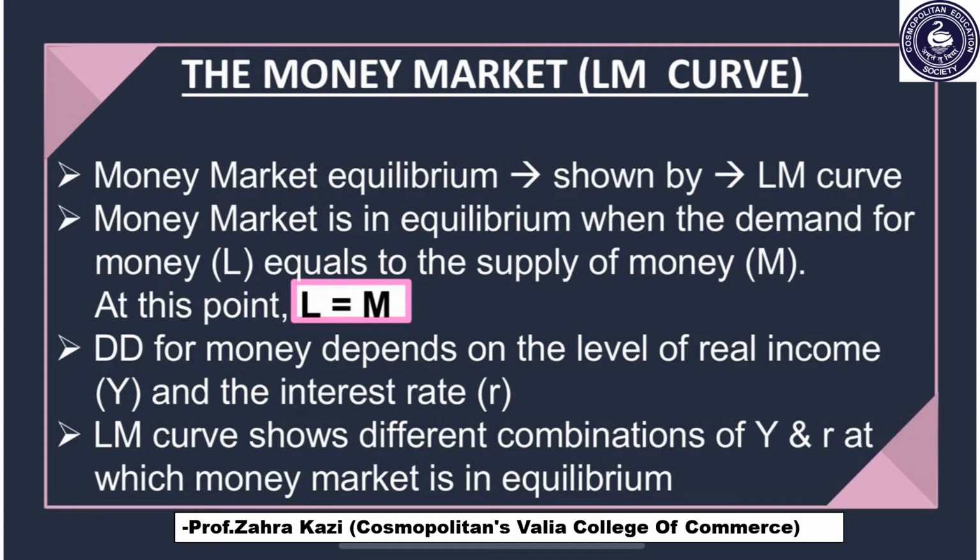The demand for money depends on two indicators. One is the level of real income, denoted by capital Y, and the second indicator is the rate of interest, denoted by small letter r.